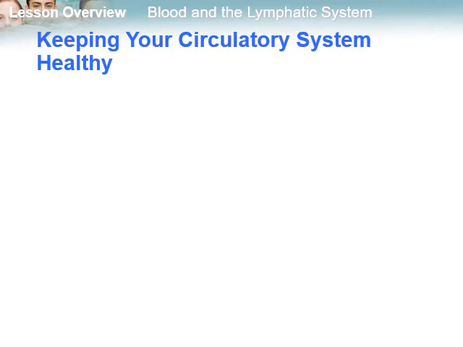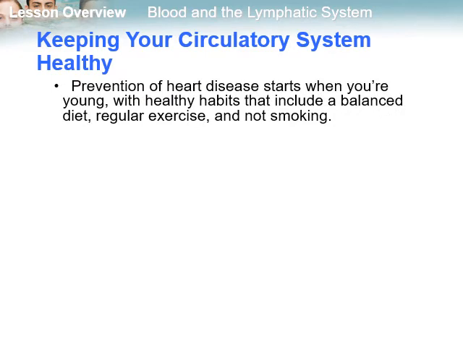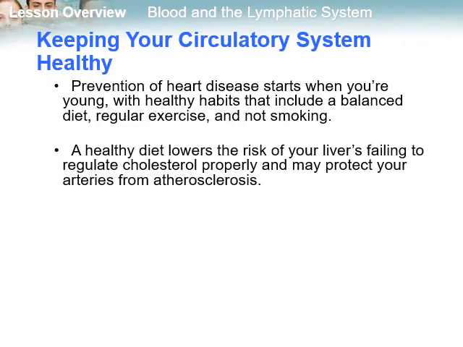Finally, let's look at how you can keep your circulatory system healthy. Prevention of heart disease starts when you are young with healthy habits that include a balanced diet, regular exercise, and avoiding smoking.